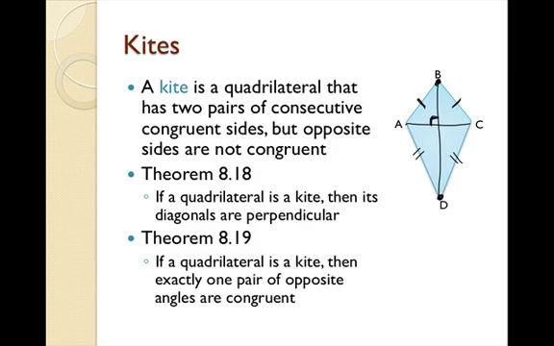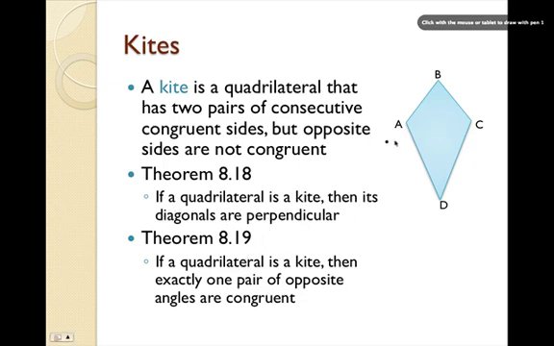Okay, last theorem. If a quadrilateral is a kite, then exactly 1 pair of opposite angles are congruent. I'm going to clear the information we have on here and identify which angles are congruent. Remember, it has to be a kite, meaning it has consecutive sides that are congruent, so let's mark those again.